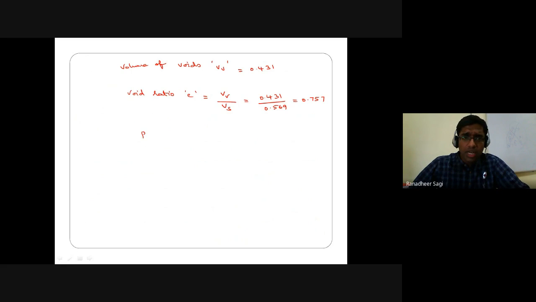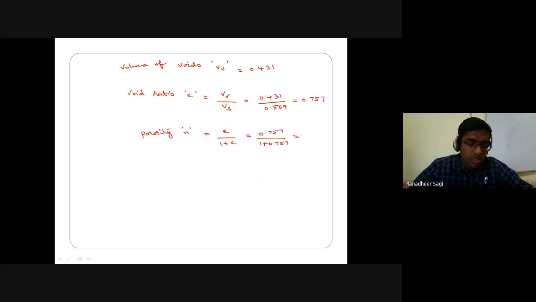In a similar way, you can calculate the porosity value of that particular soil, that is n, based on the expression e by 1 plus e. So e is 0.757, divided by 1 plus 0.757.